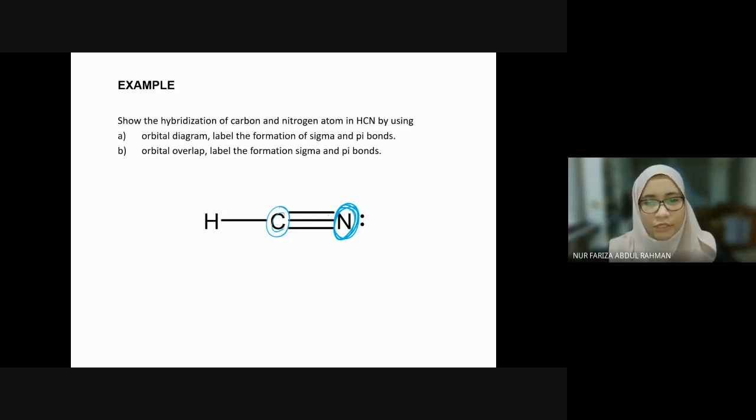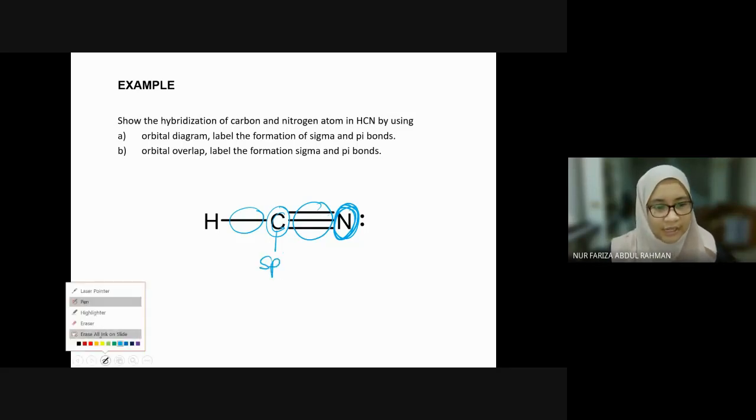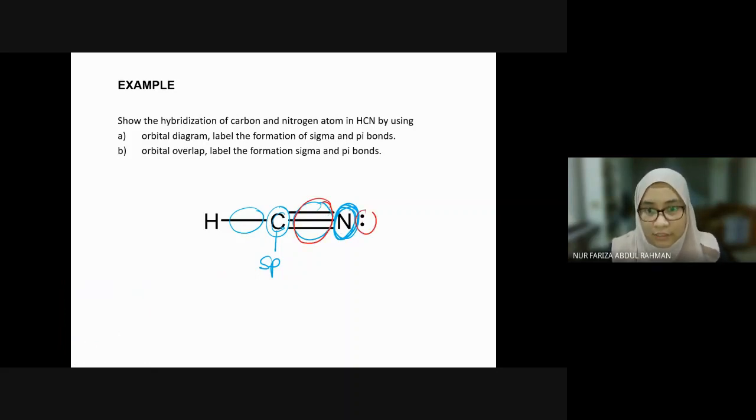That's another important piece of information you need to know. Okay, alright. So how do we know this carbon's hybridization? Easy, 1, 2. So this one would be sp. How about nitrogen, guys? Nitrogen, 1, 2. sp. Okay, once more I repeat before we end our session. For terminal atoms, normally only the central atom will form the hybrid.